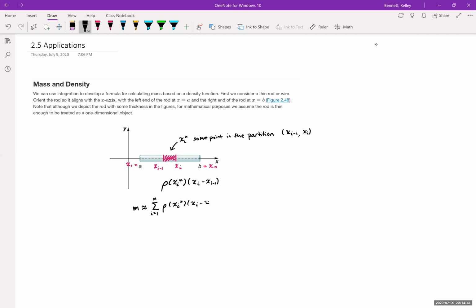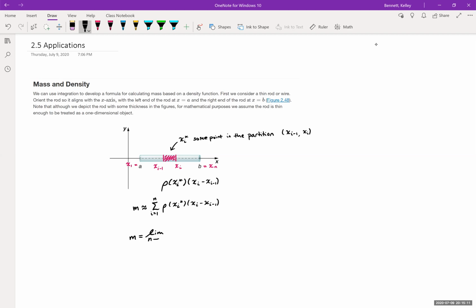That will give you the sum of the masses, so you can think of this as mass sub 1, mass sub 2, mass sub 3, and then adding those all together. And as we know from our previous discussions in Cal 1 on the Riemann sum and how that turns into the integral, this approximation becomes an exact measurement when we take the limit as n goes to infinity.